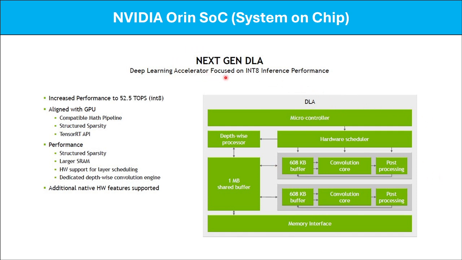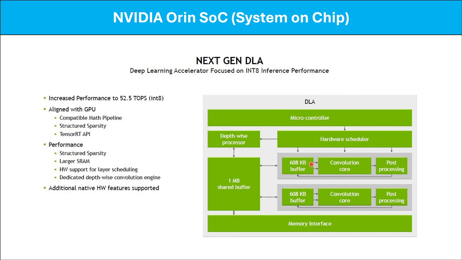It's very important to mention what it is. Once again, it's a deep learning accelerator for deep learning. Here it is mentioned that the DLA consists of a microcontroller, depth-wise processor. Very interesting. No detailed information about this.